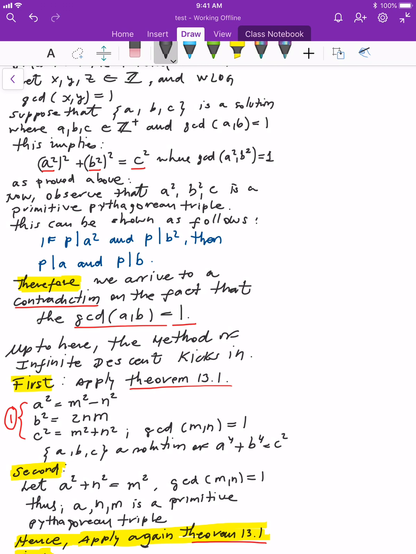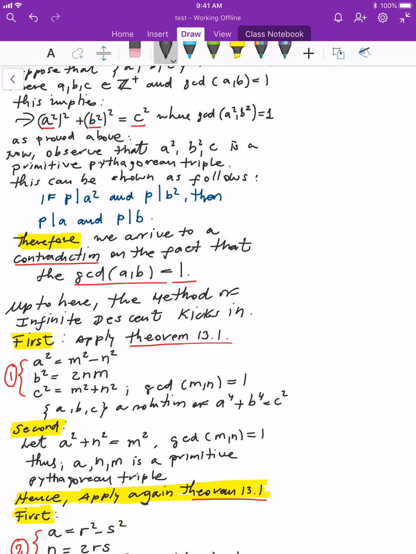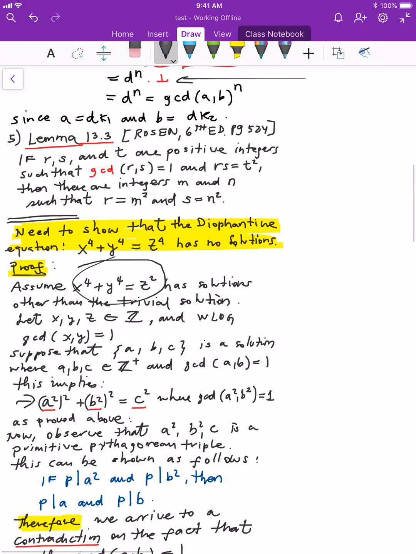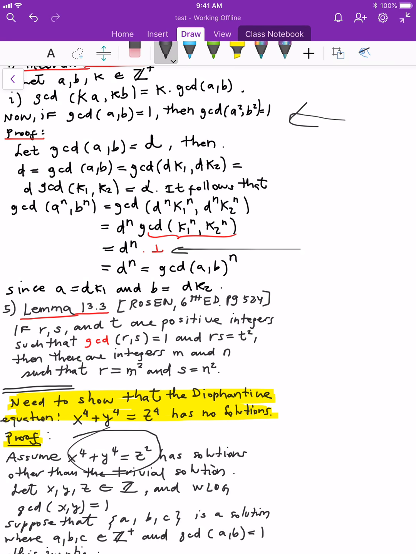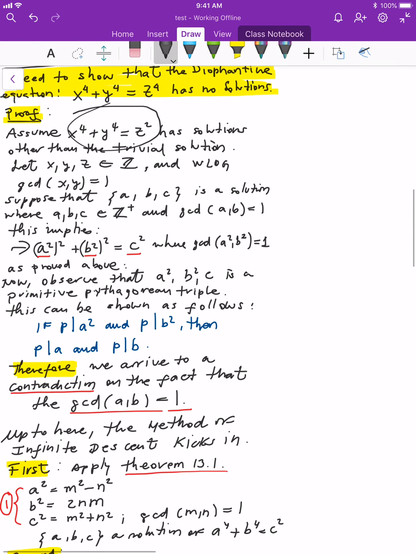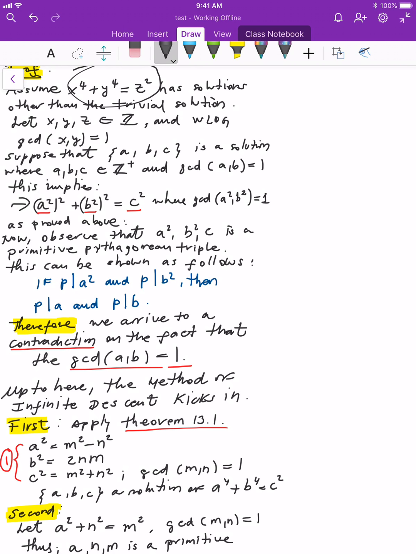So we're saying that this is true, and we proved it already here. So this is true. Let's prove it.